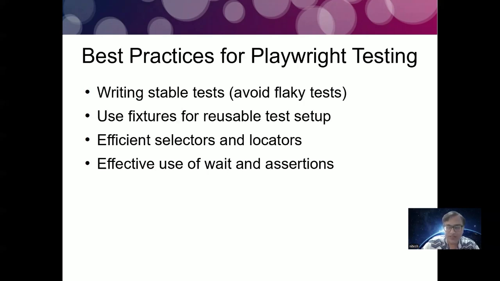Good assertion techniques are available in Playwright, which you can implement. So what is assertion? Most of the time it's the last step of your test case, where you check whether the expected result matches the actual result or not. That is called assertion.